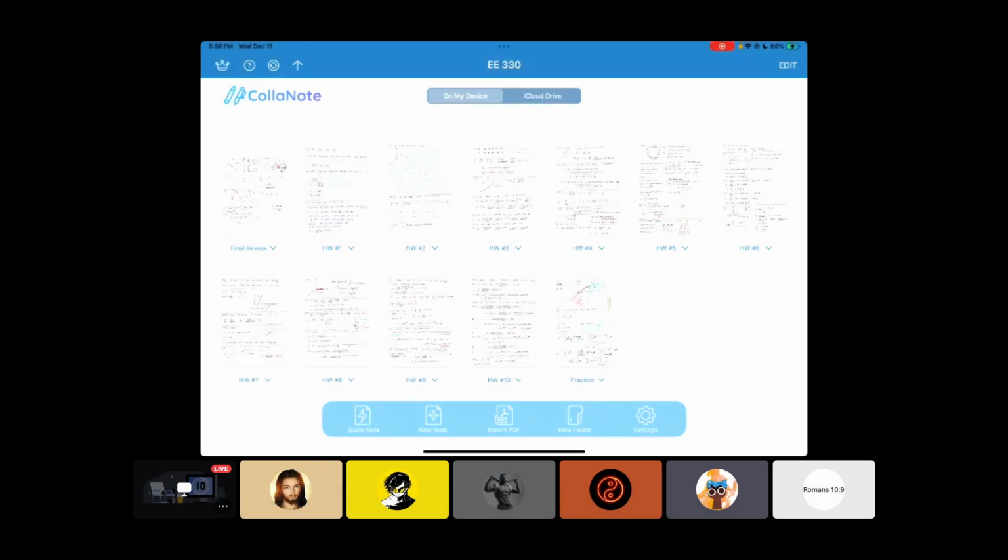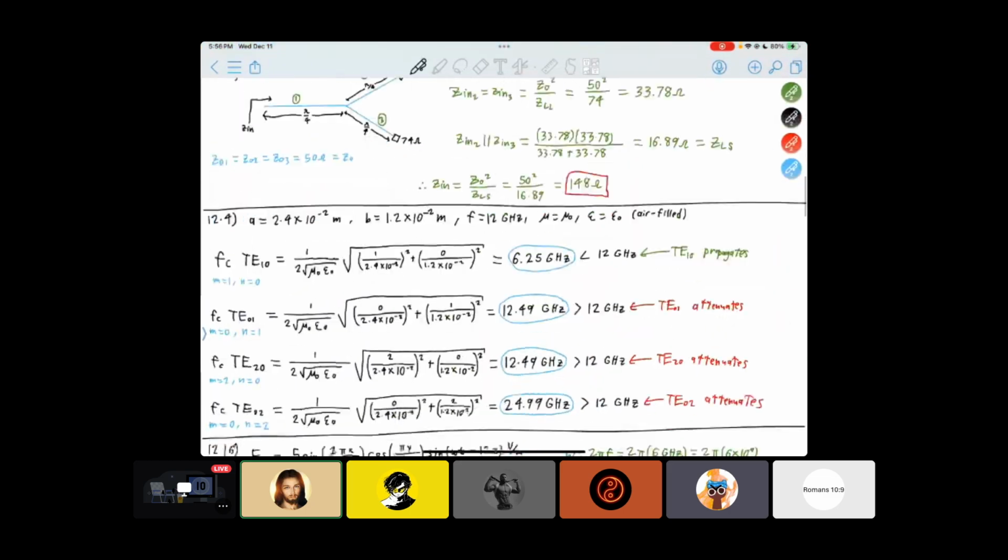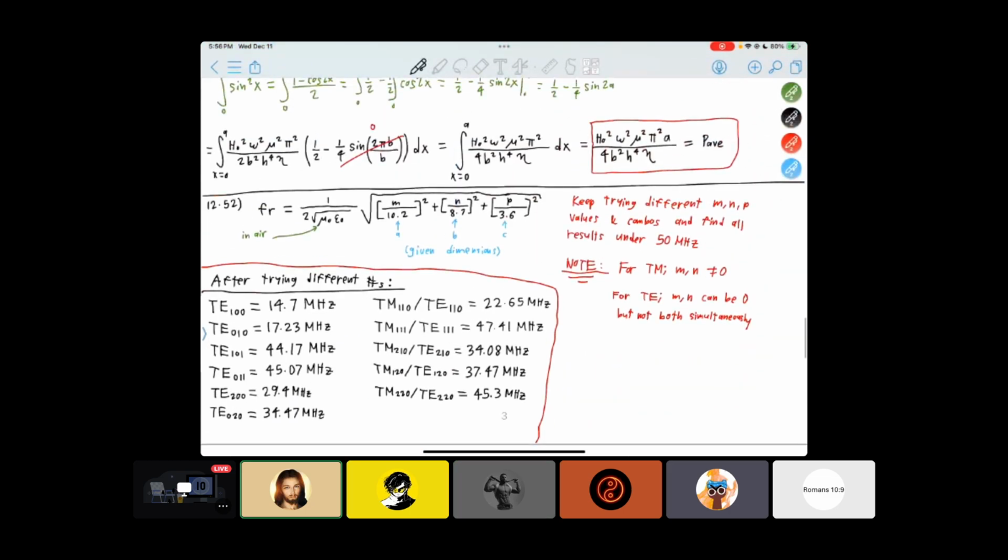Section 12.8 is literally problem 12.52, so you do that and you're good to go. In 12.52 you're given a, b, c, the dimensions of your waveguide, and you plug in different values of m, n, and p to see which resonant frequencies are under 50 megahertz or something like that.